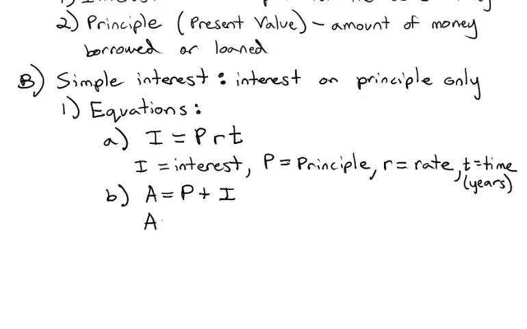Or maybe a better equation would be if I replace I with what it represents, doing a substitution. I is PRT. And to make it even better, we could factor out the P. And so we get A equals P times 1 plus RT.